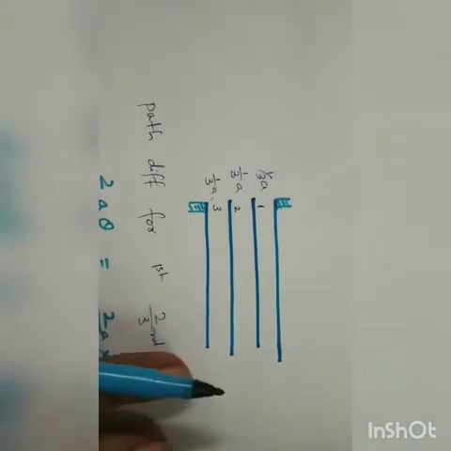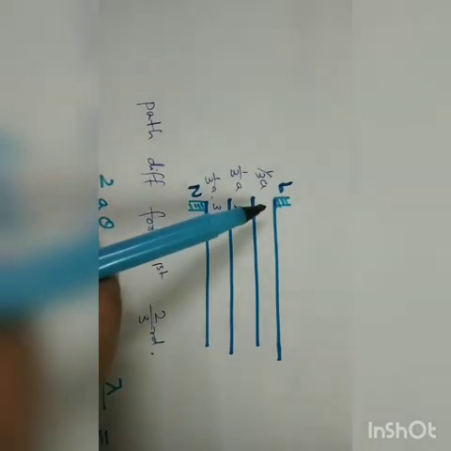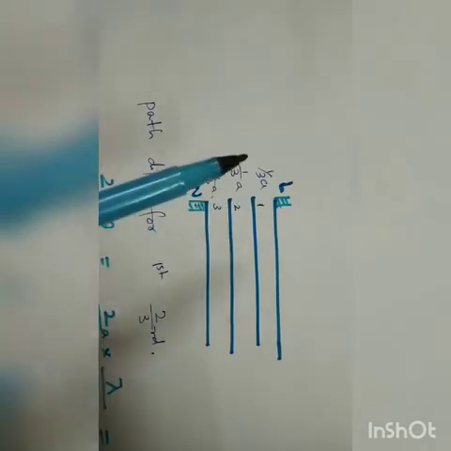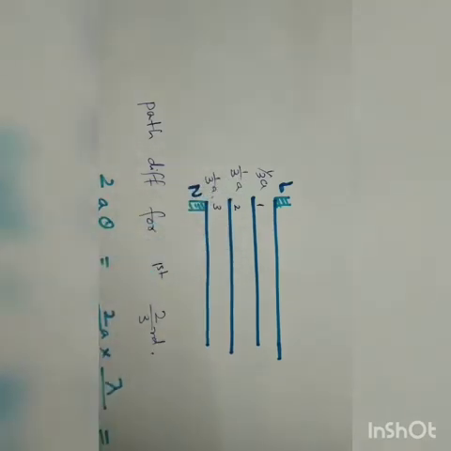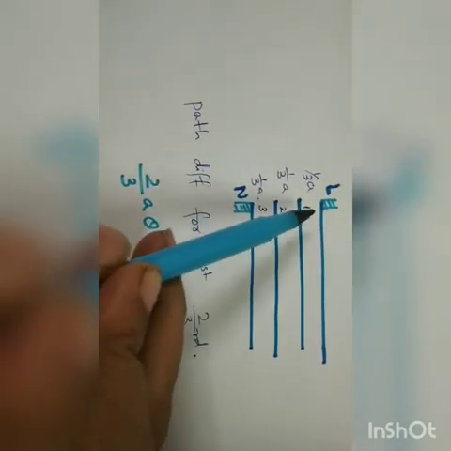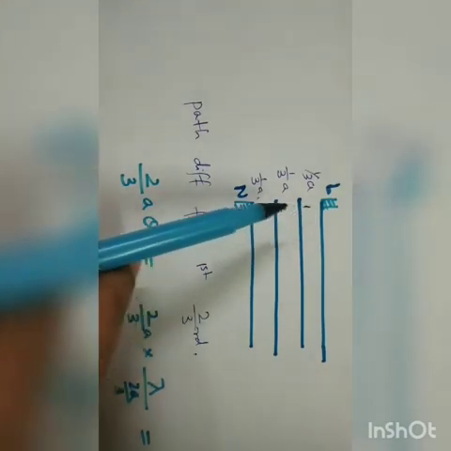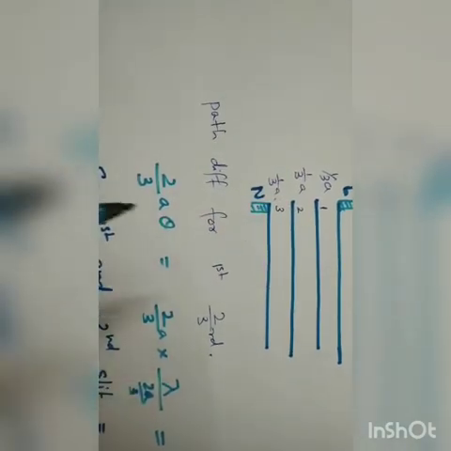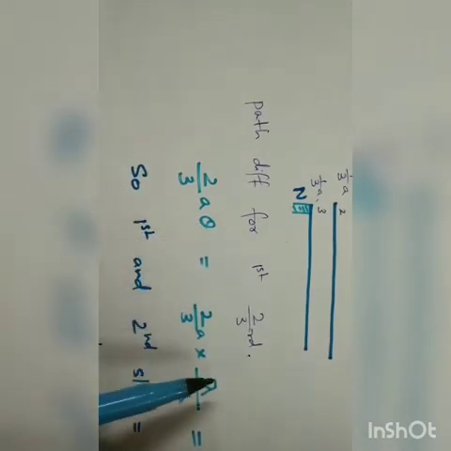Now just imagine the same slit LN is divided into three parts. Look, 1, 2, 3. Then the width of each part is 1/3 a, 1/3 a, 1/3 a. Now, the path difference for the first and second parts together: when we add them, 1/3 a plus 1/3 a gives you 2/3 a. So 2/3 a theta is equal to 2/3 a into the value of theta, which is lambda by a.